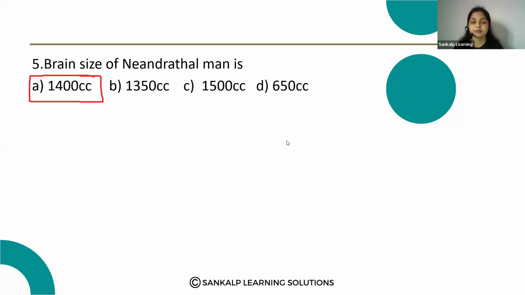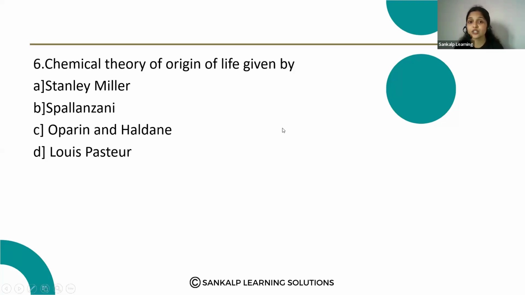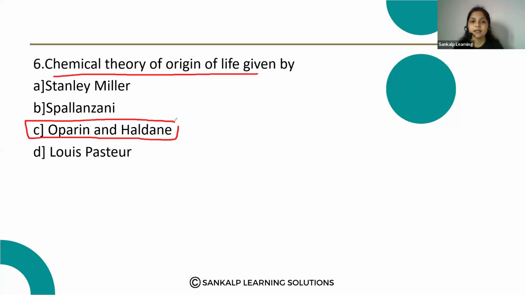Next question. Chemical theory of origin of life given by Stanley Miller, Spallanzani, Oparin and Haldane, Louis Pasteur. Here, I already told that the chemical theory of origin of life is given by Oparin and Haldane. The chemical evolution was experimentally proved by Stanley Miller.